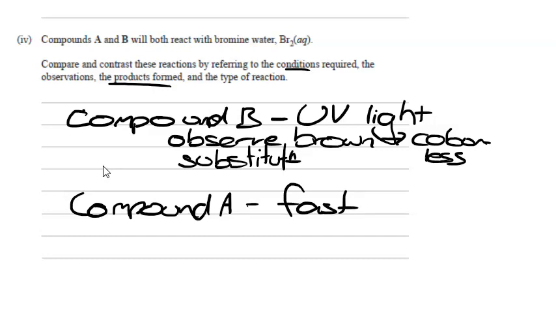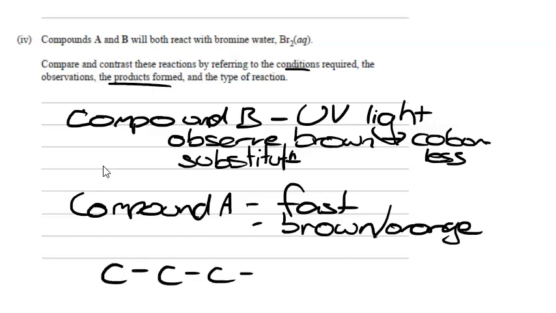The observations, we're going to see that the brown or orange Br2 is going to quickly decolorize. The product formed is going to be that the double bond is replaced by two bromine atoms, and the type of reaction is addition.